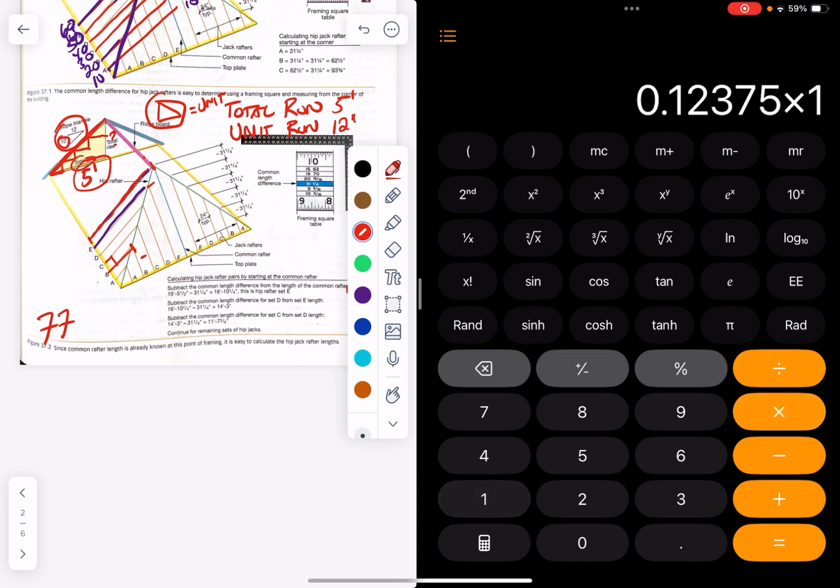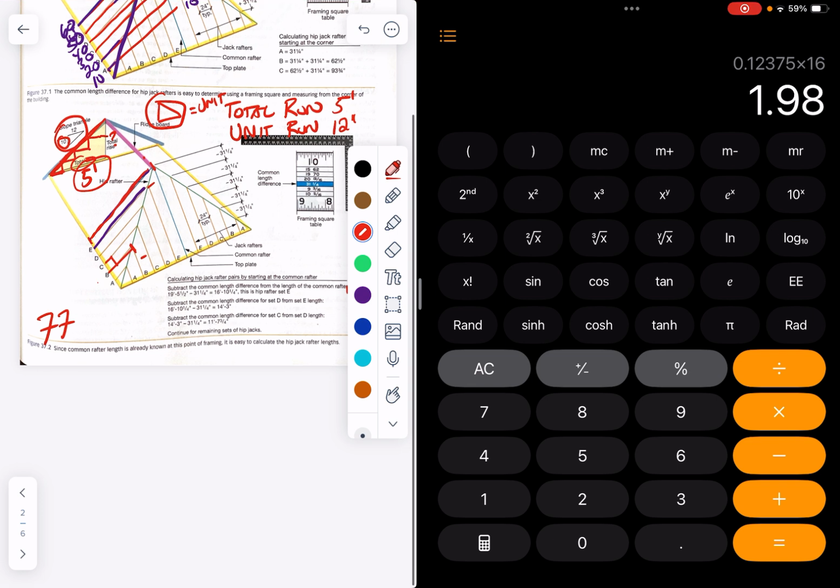So times 16 gives us 1.9. So we're going to round up to 2/16, which we're going to reduce to 1/8. So our common length is 77 and 1/8.